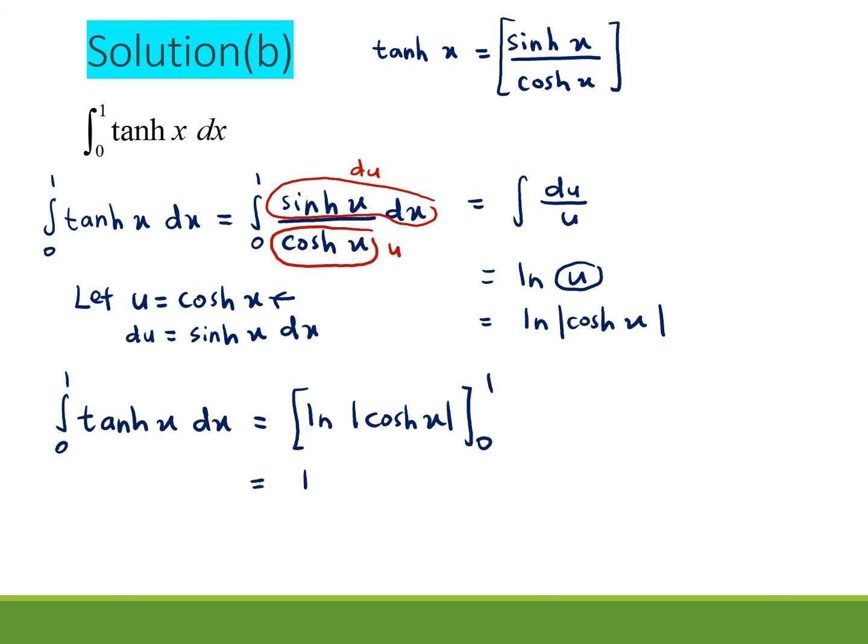So we substitute x with 1, minus ln cosh of 0. So by using a calculator, you will get the final answer, which is 0.4338.